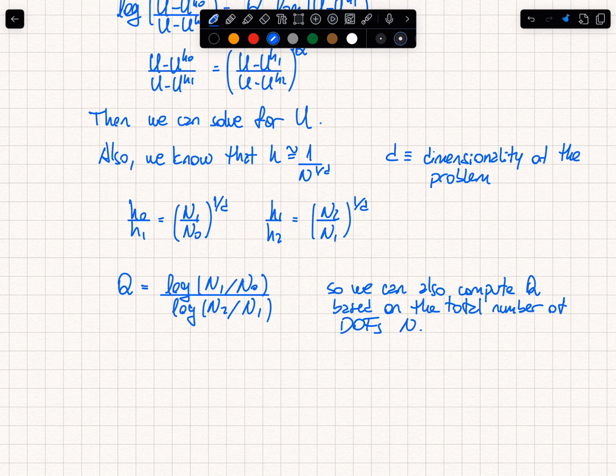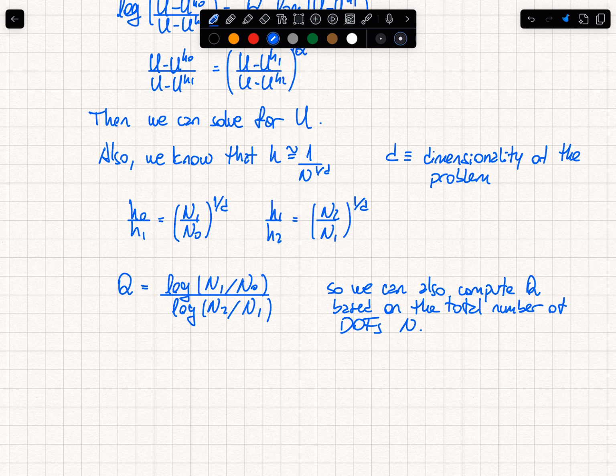And obviously, if you want a better approximation, what would you do? Say you are not very happy with your approximation. You compute this U, but then when you do convergence analysis, the results are not according to theory. So what do you do? Could you add another equation? Another mesh? Exactly, that's what you do.